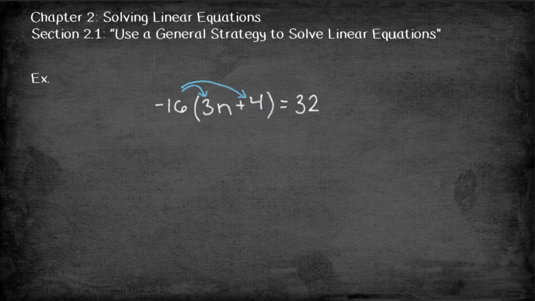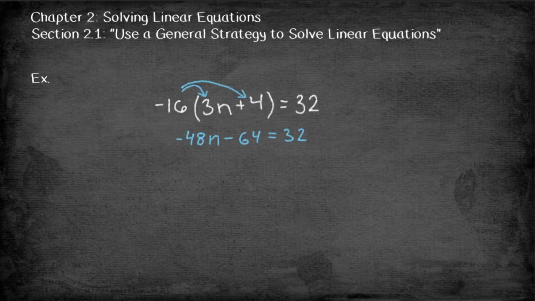So I take negative 16 times 3n, and negative 16 times 3 is negative 48n. And then negative 16 times 4 is negative 64, which we can write as subtraction. Right-hand side of the equation was already simple, so we don't have to do anything to it.